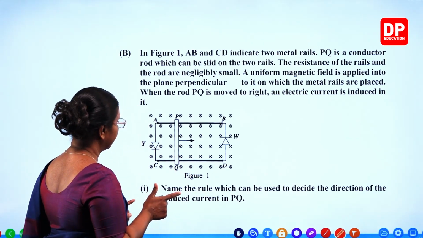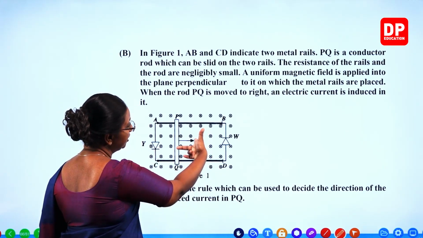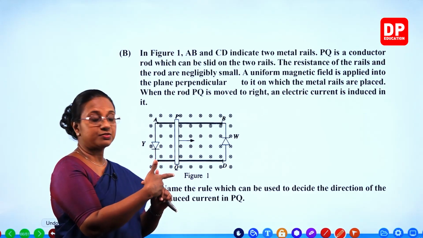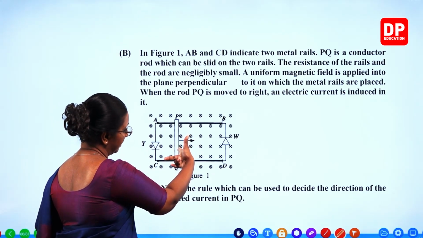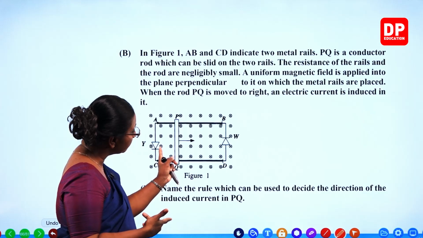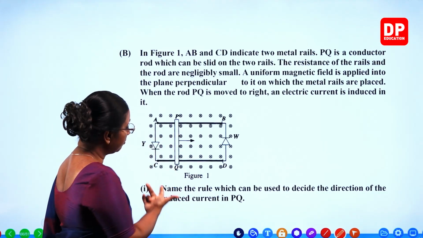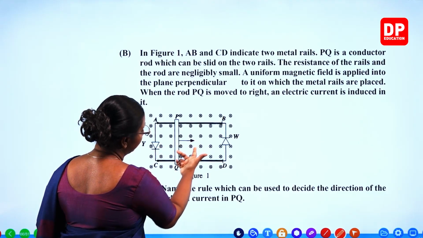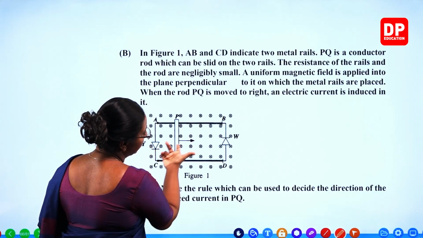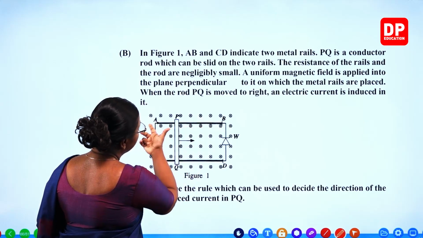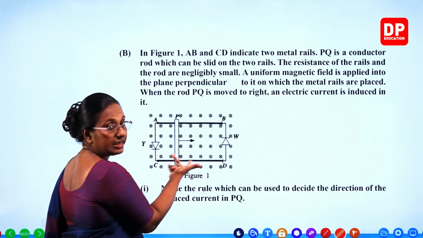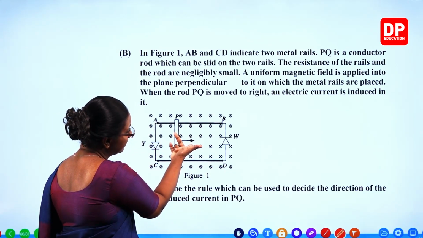Now the magnetic field is into the plane, so the index finger has to go into the plane. What is the direction of the movement of the rod? That is PQ. It's moving this way. You can see the arrow here. So the thumb has to point in that direction, from A to B or C to D. And the magnetic field is inwards.